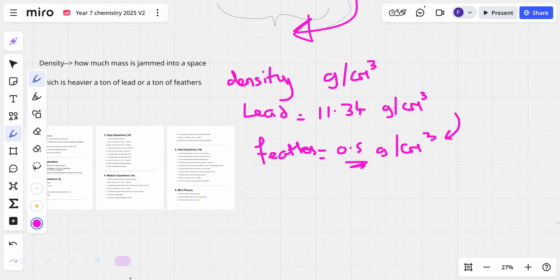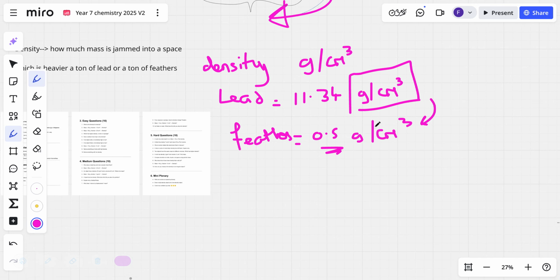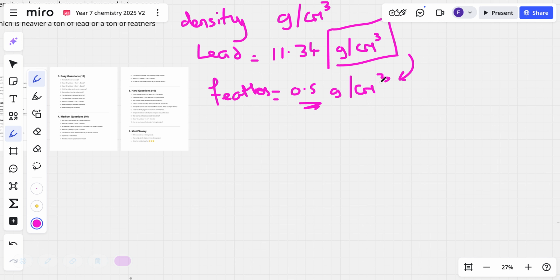But what I really want to talk about is the unit. Now, this is grams backslash cm cubed, and I want you to watch something very carefully. It is written like this on a single line, but in essence, this is a fraction. I love fractions. So what does that actually look like as a fraction?